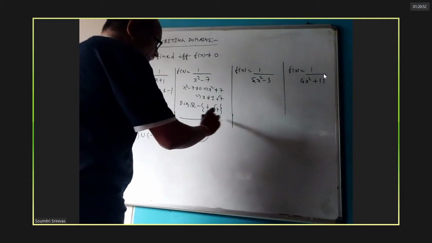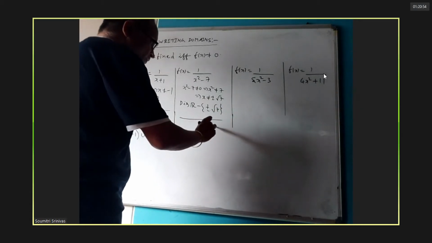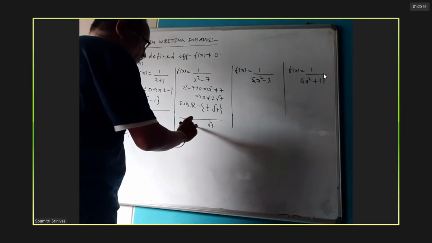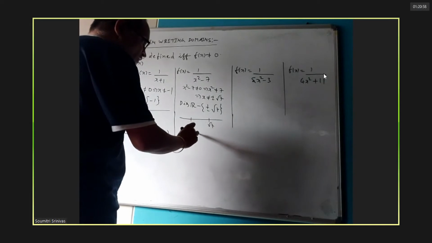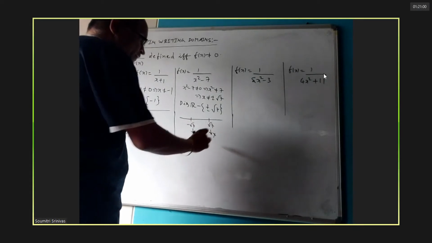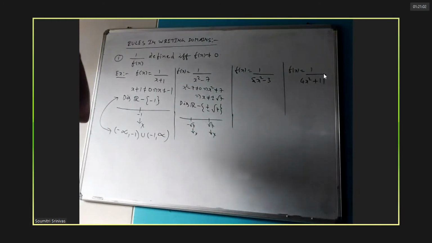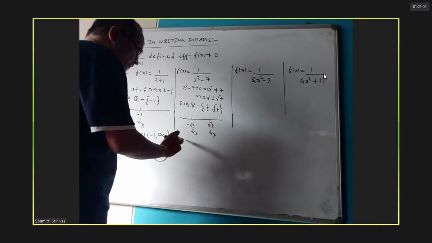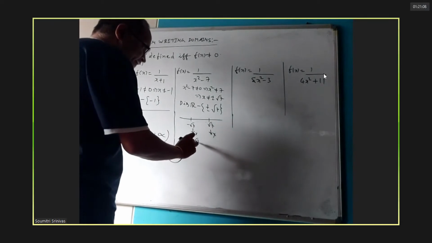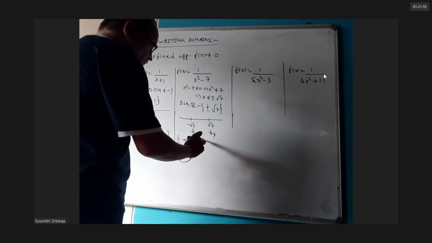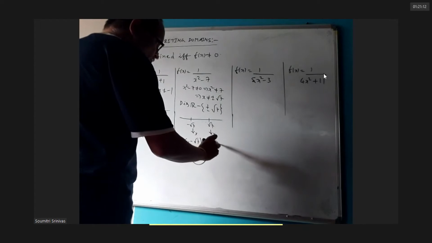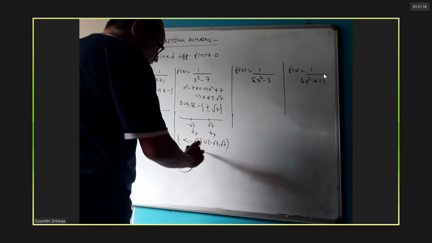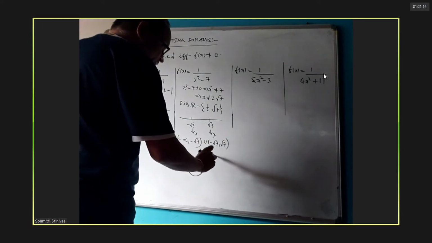On the number line, minus root 7 and root 7 are not included. Can you write the answer in terms of interval? Practice that also. Minus infinity to minus root 7 union minus root 7 to root 7 union root 7 to infinity.